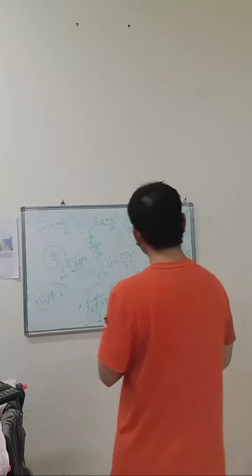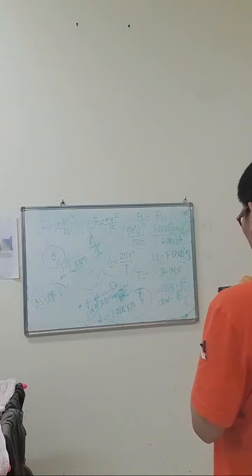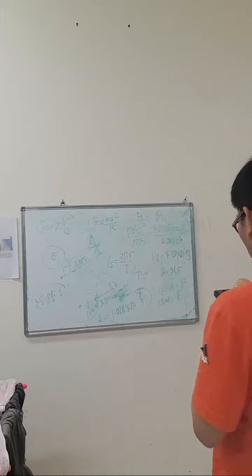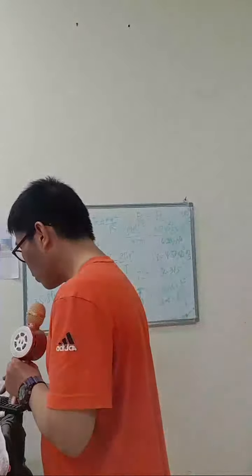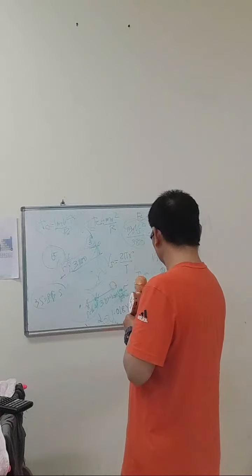Get your t. So, 2 times 3.14 times the radius of 6.38 exponent 6 is equal to 4.74 raised to the power 7.